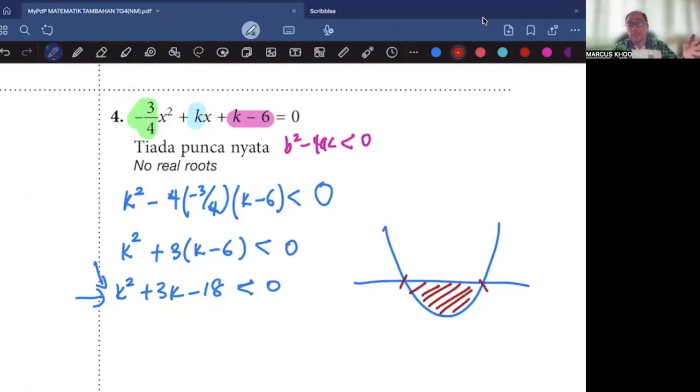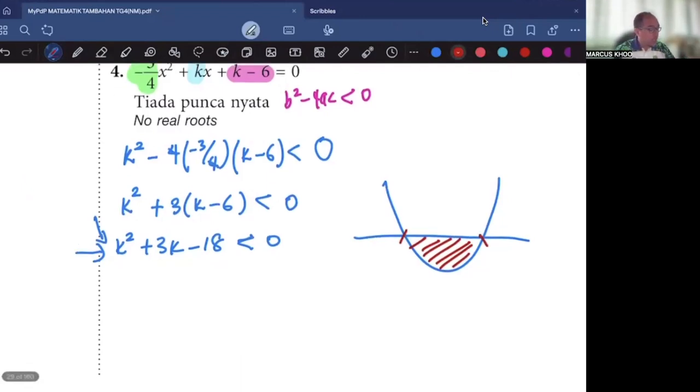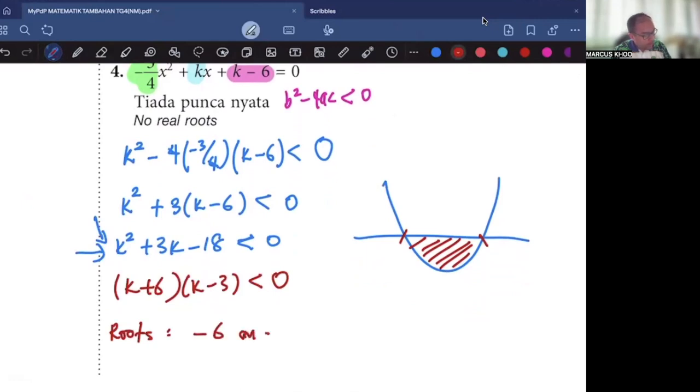Now our question is finding these two numbers. Let's factorize this. When you factorize this, you get (k plus 6)(k minus 3) less than 0. So what are my roots? My roots are -6 and 3. So I'm going to put -6 over here and 3.